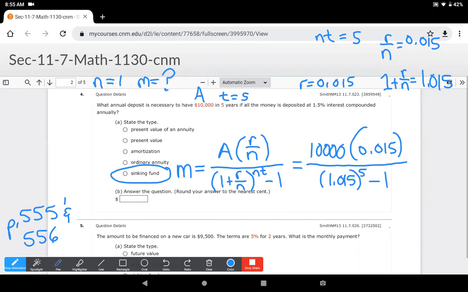When I enter this into the calculator, I get the value 1,940 and 89 cents. You're always rounding to the nearest cent. Sometimes you round up, sometimes you round down. But this is our sinking fund.